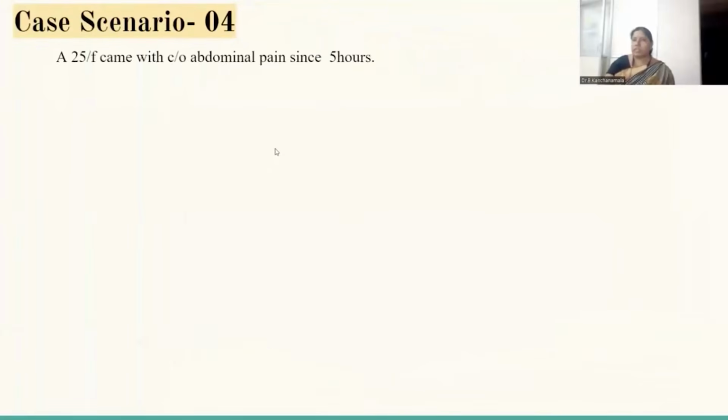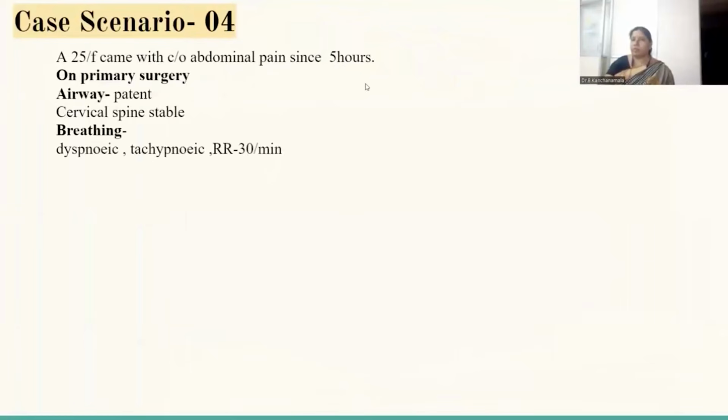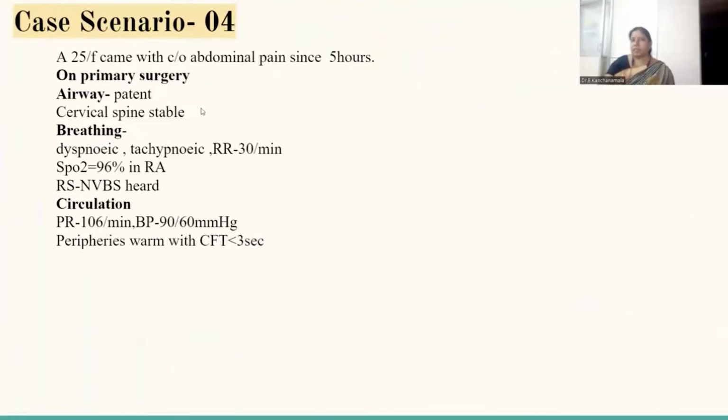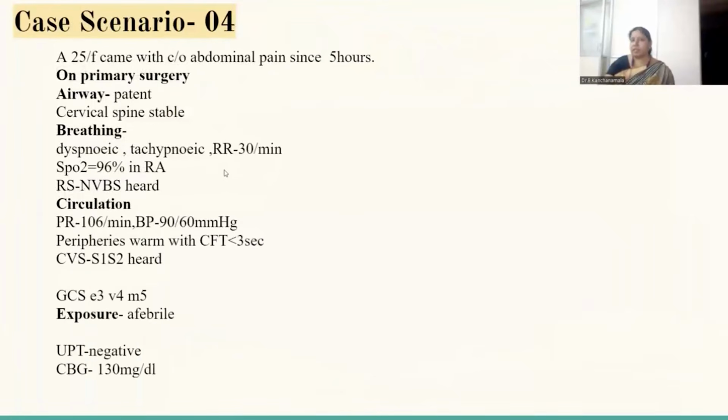Going on to the next case scenario, this is a 25-year-old female complaining of abdominal pain for 5 hours. Airway patent, cervical spine stable, breathing: respiratory rate is slightly increased, 30 per minute, with 96% saturation in room air. Tachycardia with a heart rate of 106, BP was 90/60, and UPT was negative.